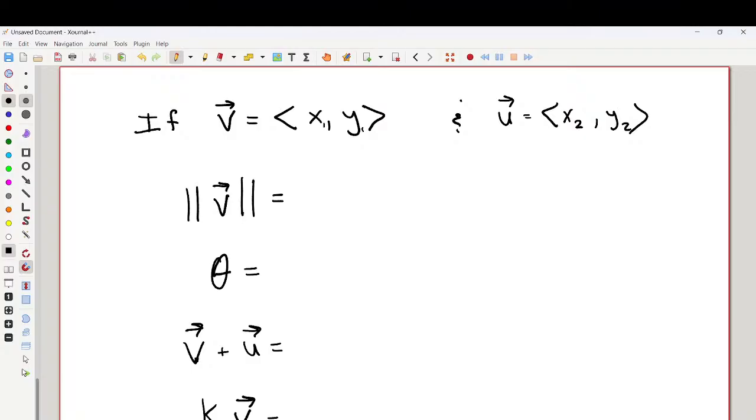What is this called? First of all, what's the vocab word associated with this? Magnitude. And how would we find that? I already said it. Pythagorean. Pythagorean theorem, x1 squared plus y1 squared underneath the root.